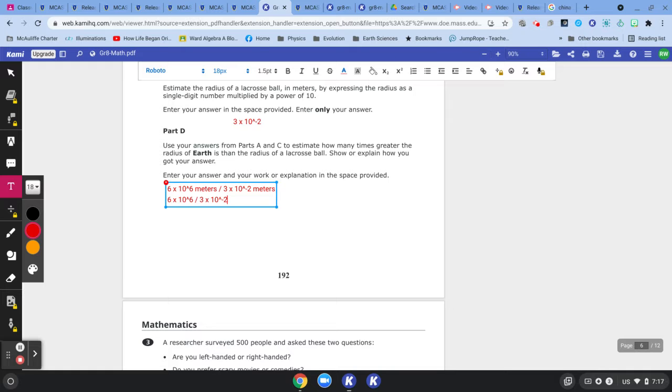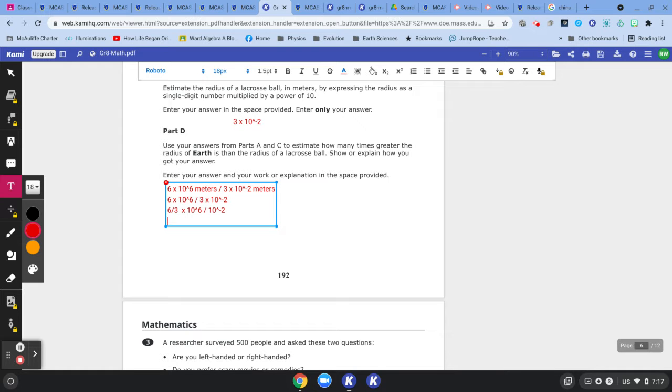Now, as I said before, you want to separate out the coefficients. The 6 and the 3 are called the coefficients, and you do that operation separately from the operation on the powers. 10 to the 6 divided by 10 to the negative 2.